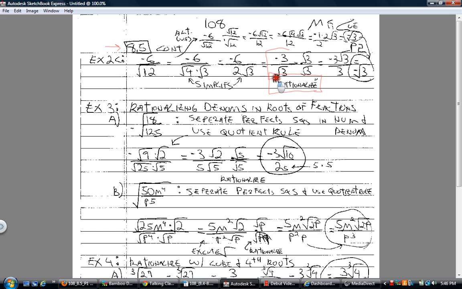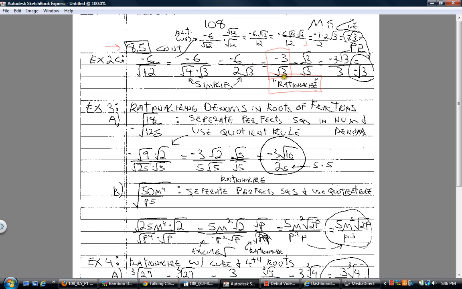And that's your answer until you say, oh, we have to rationalize it. That's our buzz phrase to tell us to deal with and get rid of radicals in the denominator. So there's the square root of 3. It's prime. You multiply it by square root of 3 over square root of 3, stacked, because that's equal to 1. Now you've got 3 times the square root of 3 is 9, square root of 9 is 3.